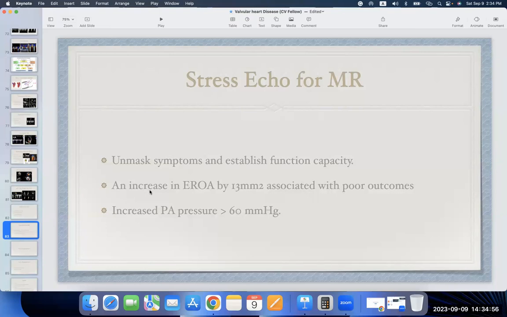If there is an increase in effective regurgitation orifice with the stress echo, by 13 millimeter square, that will indicate the patient has a poor outcome, especially if there is an increase in the systolic pulmonary artery pressure to more than 60.